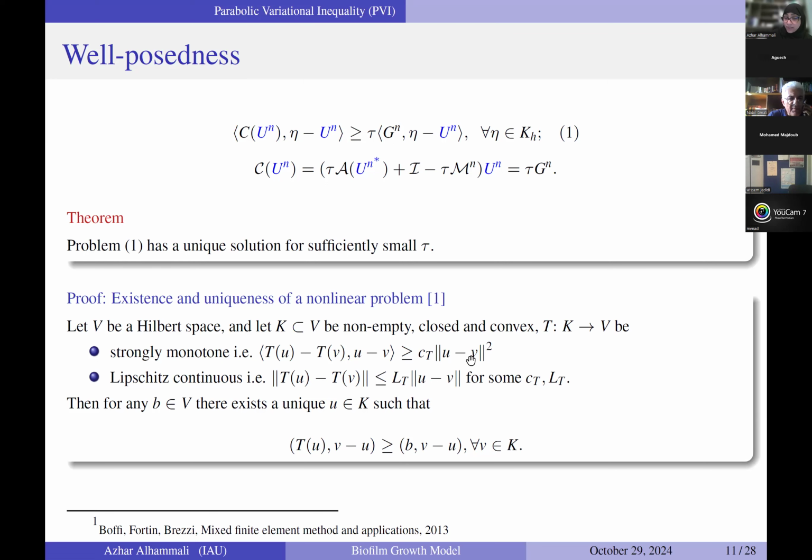That means it satisfies this inequality, and also it's Lipschitz continuous, which is this one here. And since K or K_h is a closed convex subset of L2, based on this theorem from this book, it's easy to show that the problem has a unique solution.